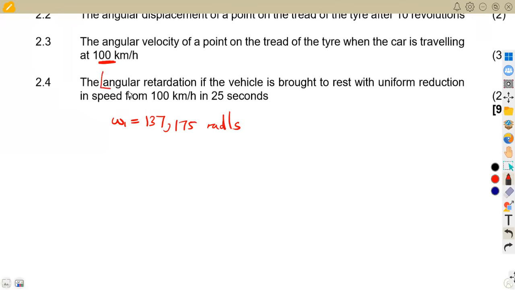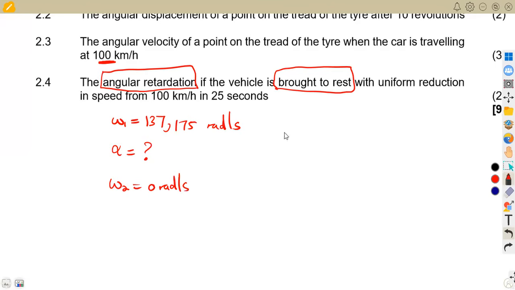We are asked to calculate the angular retardation, which is our angular acceleration, alpha. If the vehicle is brought to rest, the final, omega 2, is 0 rad per second. At rest there is no movement. Within the time of 25 seconds, what is alpha?